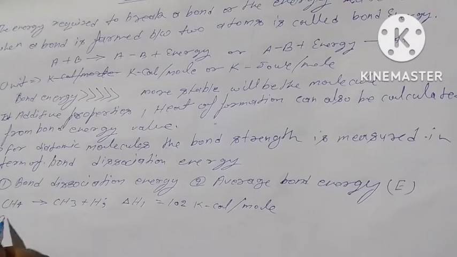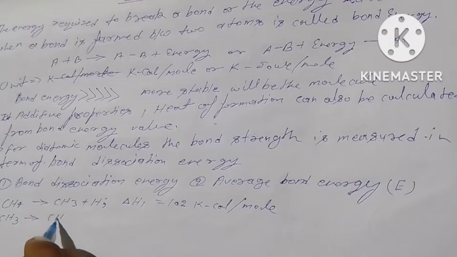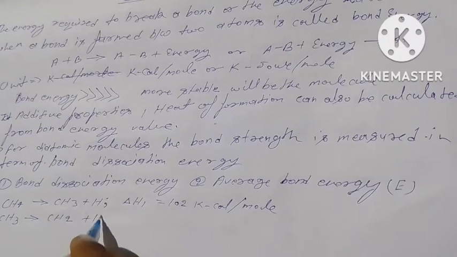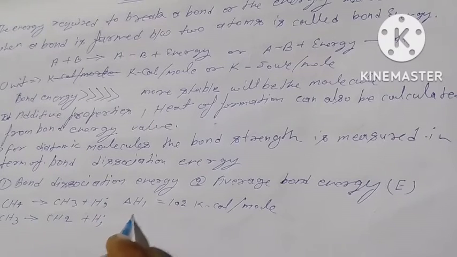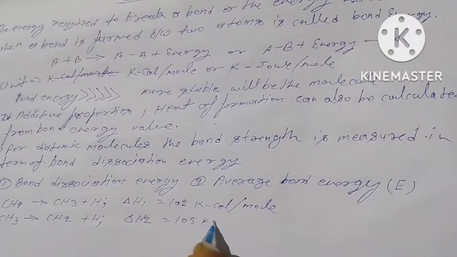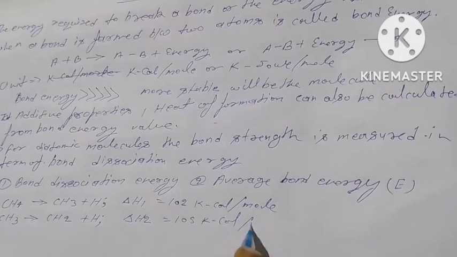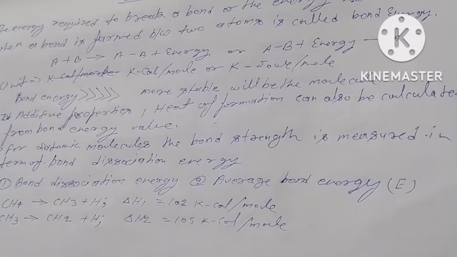After some time, CH3 is also converted to CH2 plus H, and delta H2 equals 105 kilocalorie per mole.